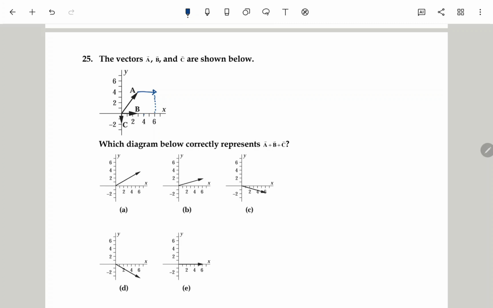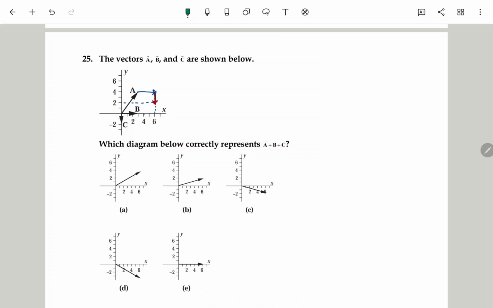And vector c, again, from the head of b, you draw the tail of c, and c in this case is equal to 2 units, so vector c will end up somewhere in here. So this is vector c.